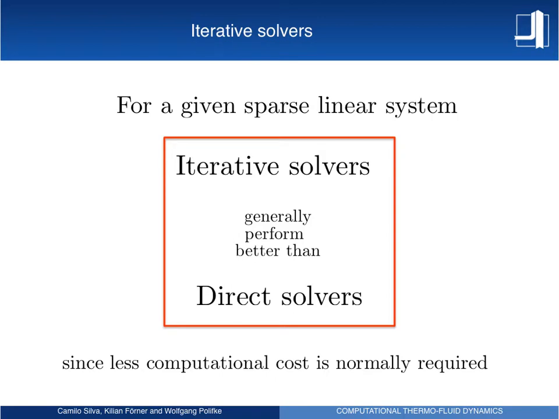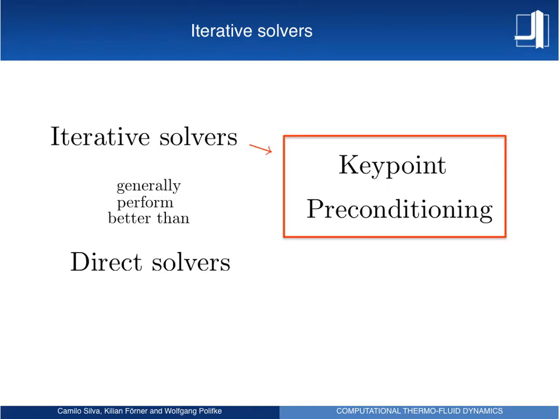So, and this is something you will realize today, if we have a dense matrix and we want to use iterative solvers, that is not going to be a very good idea. Maybe your algorithm will not converge, and in that case you will have to use a direct solver. Okay. There is an additional requirement when using iterative solvers, and that requirement is the use of preconditioning.